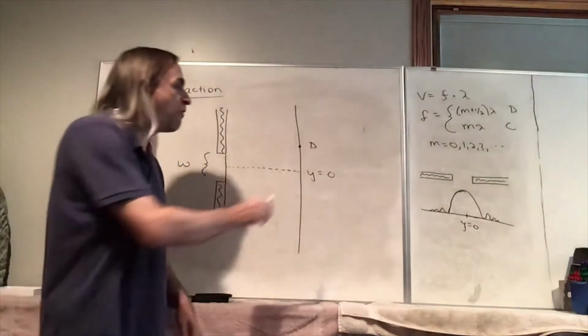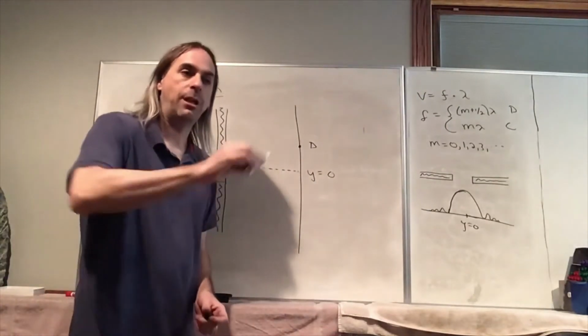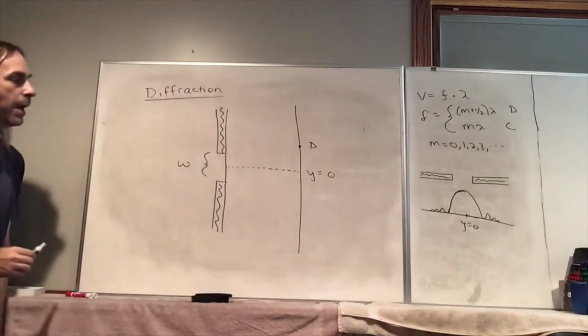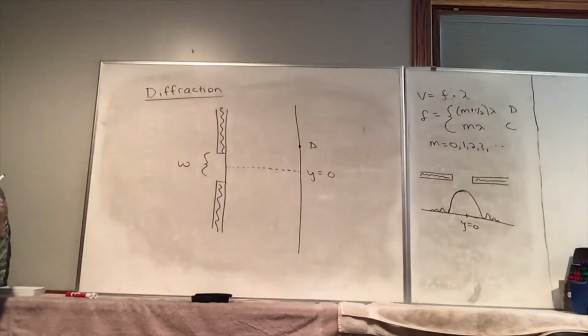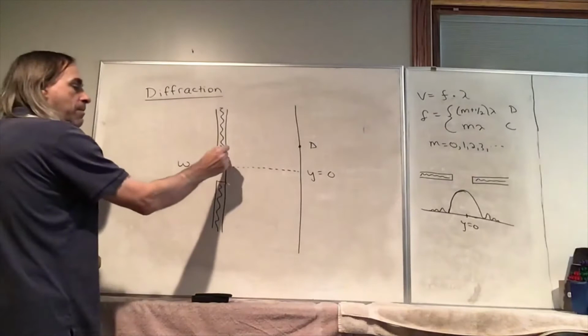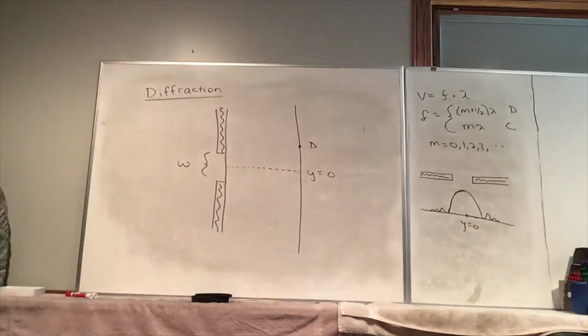But then if you move past this point, the intensity is going to rise again. And so what's going on here, and again, it's this complicated interference because we have to consider every point on this wavefront as a source of spherical waves and then add up that infinite number. Very complicated process.